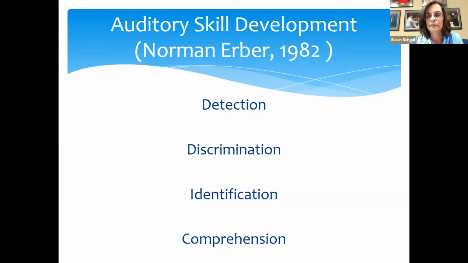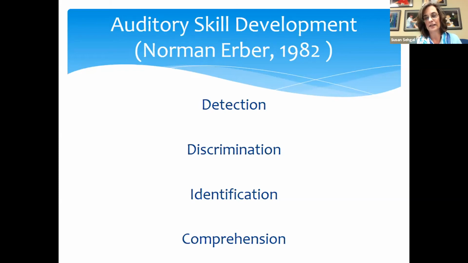In this hierarchy, the most basic level, the beginning level, is detection, and that's simply being able to tell the presence versus absence of sound. Children can demonstrate that by performing a conditioned response. Maybe they will point to their ear and say, I hear it. If it's an infant, maybe we're looking at detection skills by looking at their swallowing reflex when sound is presented.